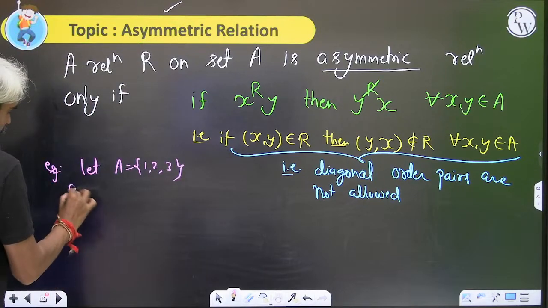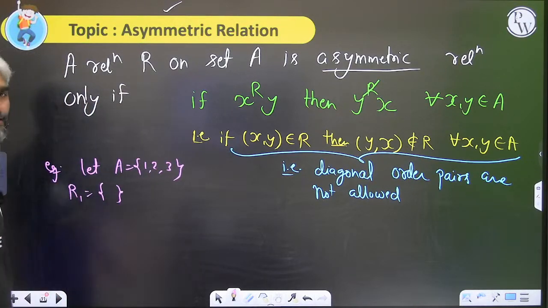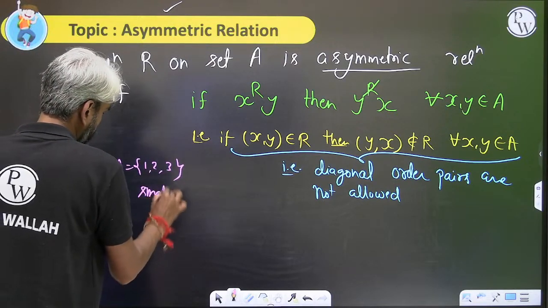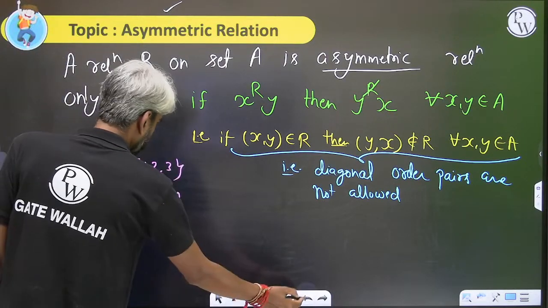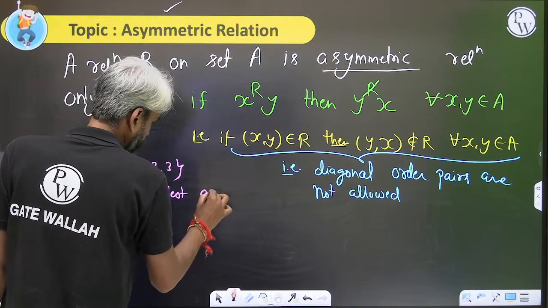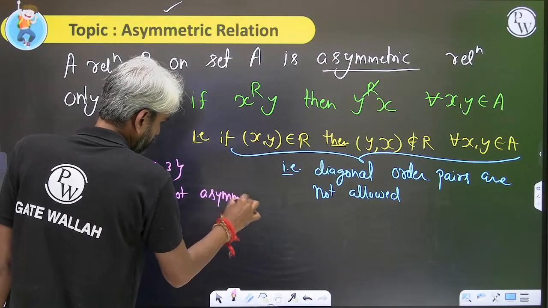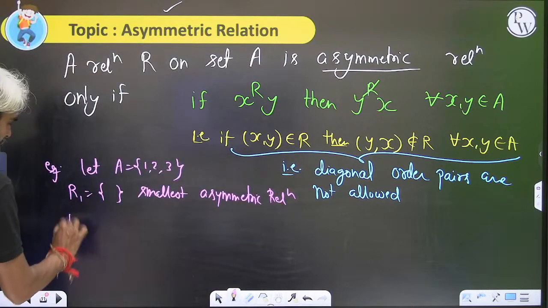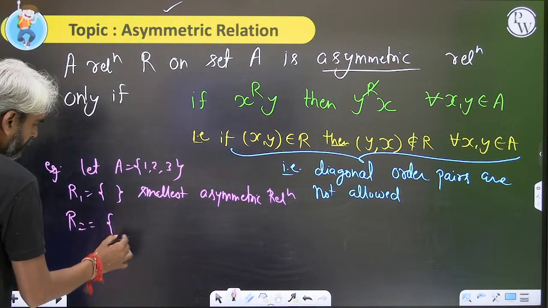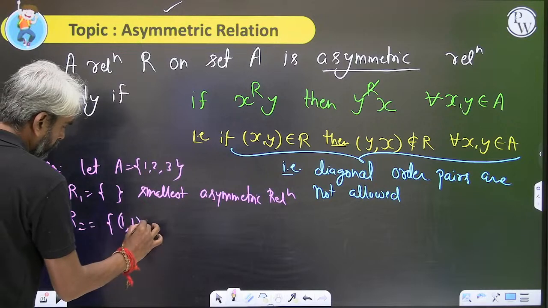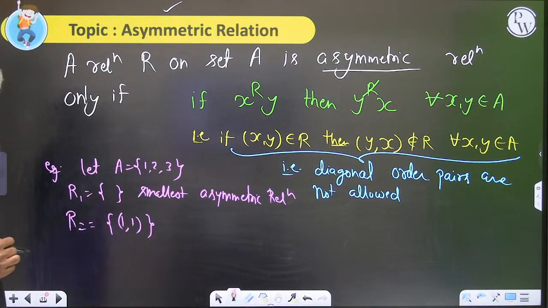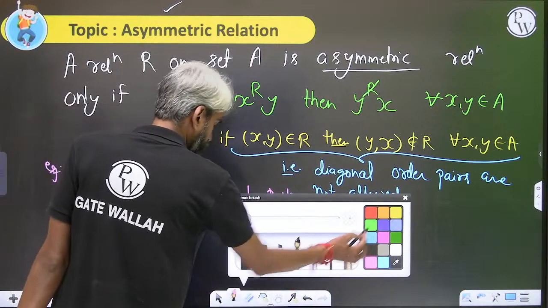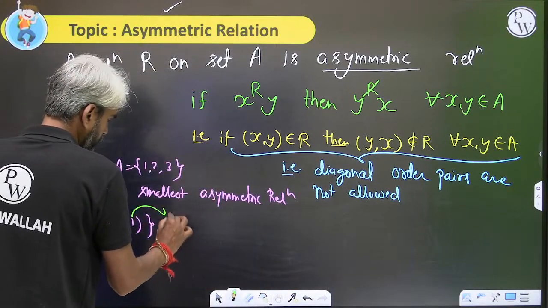The very first relation, the empty relation, is the smallest asymmetric relation. Second, R2: let's assume 1, 1. Is it asymmetric? No, no. Diagonal ordered pairs are not allowed.